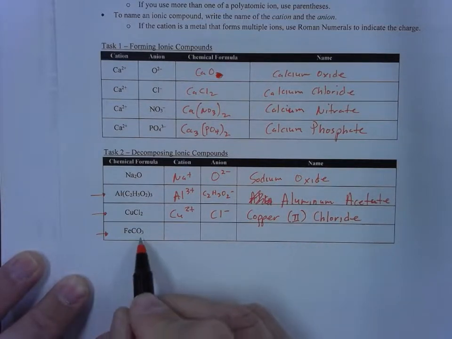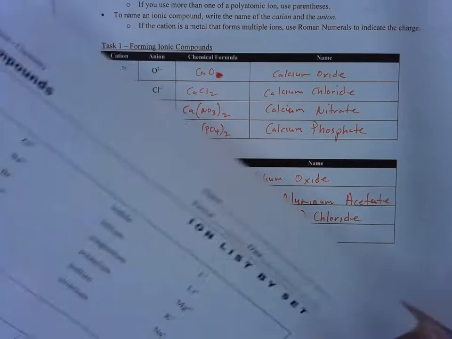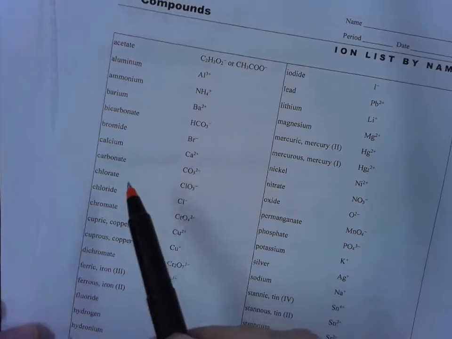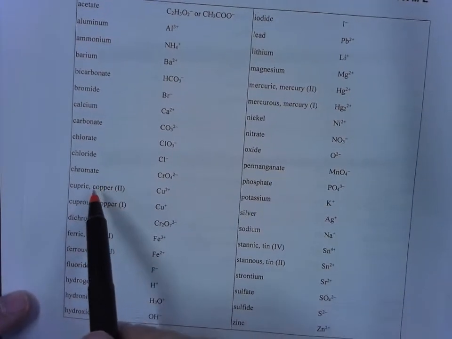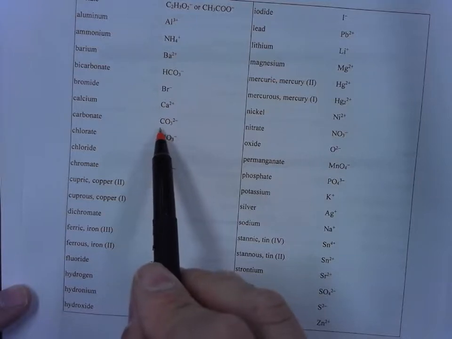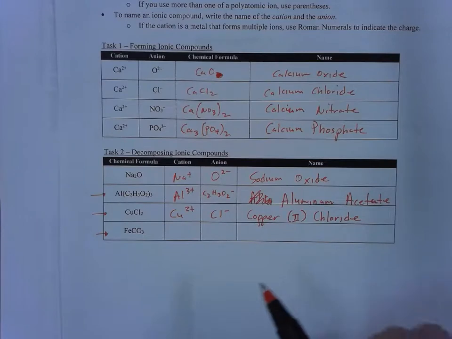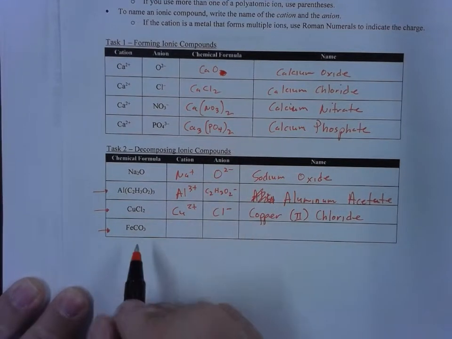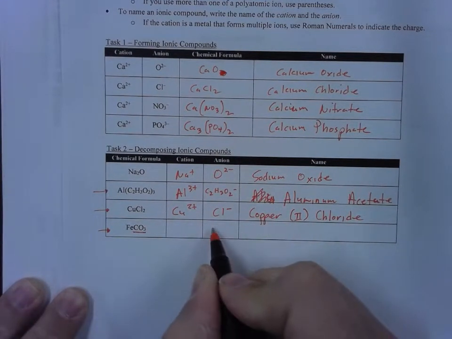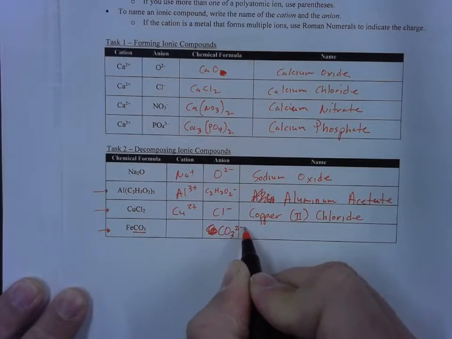Okay, let's try the same thing with iron, and in this case we've got a carbonate. Let's see if we can find a carbonate. There it is. Carbonate is CO3 with a 2- charge. So you have to look at the anion first, which is CO3 with a 2- charge.